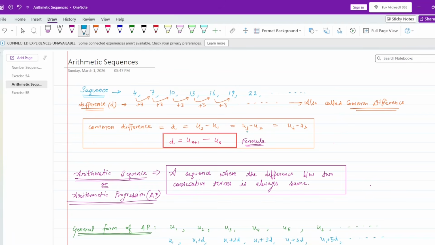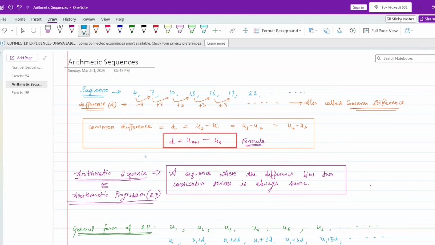It can also be written as u3 minus u2, and as u4 minus u3, that is 13 minus 10. So in general we can say d equals u(n+1) minus un, and this can be considered the formula for common difference.